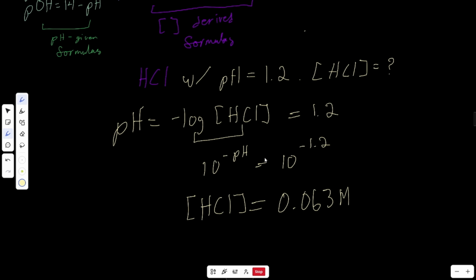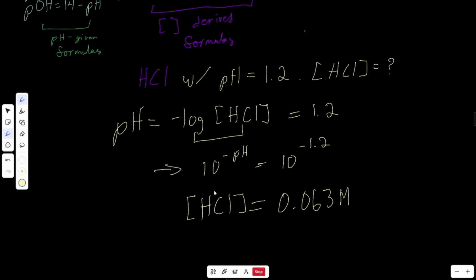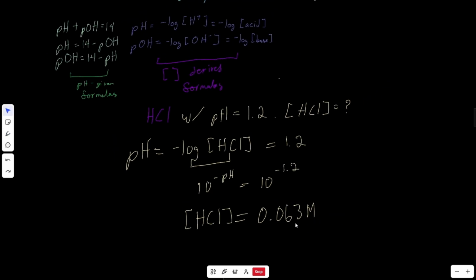There. And again, how do we get this? It's because if we convert this into exponential form, we get this version of our equation. And that's how you reverse engineer our equation here.